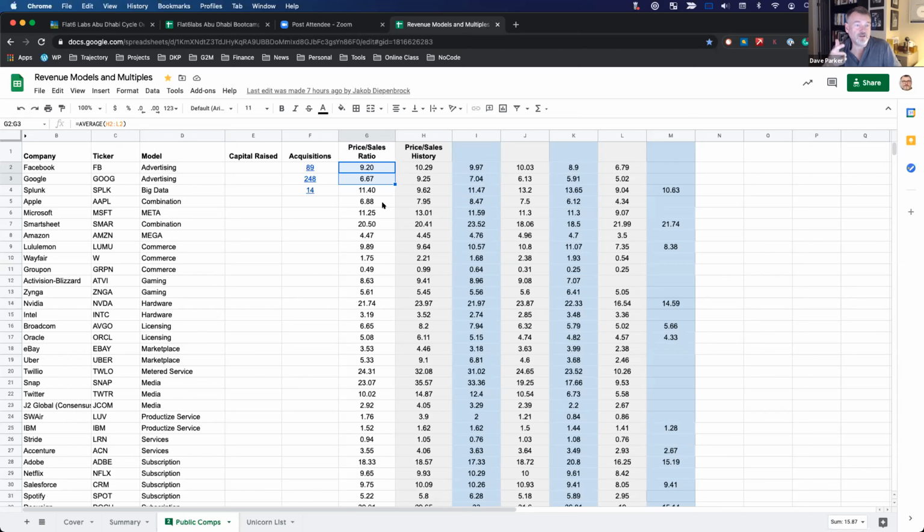If I'm selling somebody else's product, for example Wayfair or Groupon, we talked about Groupon earlier, look at Groupon's multiple, 0.49. Now they're doing billions of dollars in revenue, but arguably it's not GAAP revenue. They're selling a $100 certificate for a restaurant, but they're not actually making $100. They're making small percentage fees. So that gets you into the transaction fee commerce business.